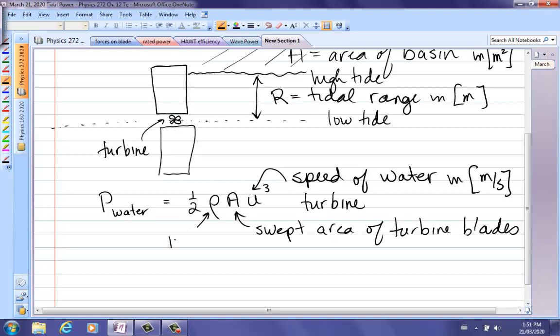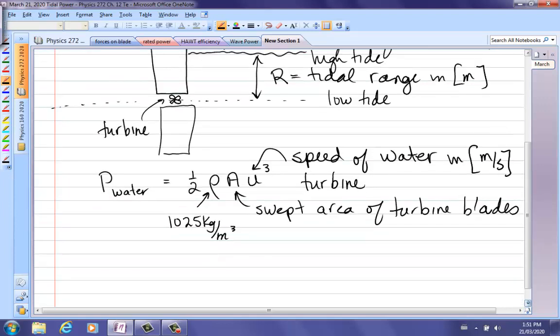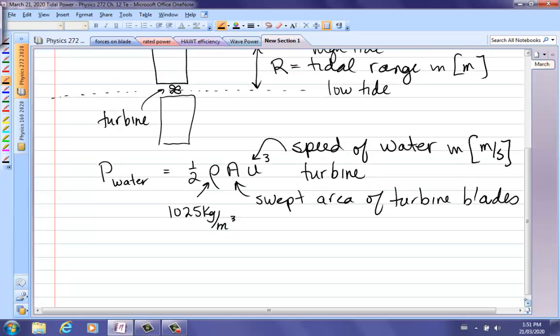So remember, this is seawater, so this is 1025 kilograms per meter cubed. Okay, so that's for the turbine. And then, of course, if there's an efficiency associated with that, the efficiency goes out front there. So P electric would be eta P water.